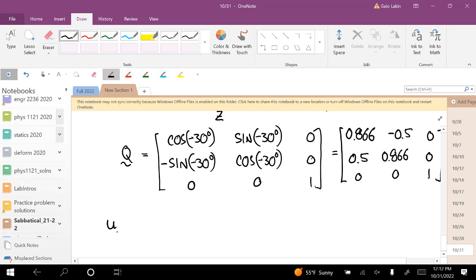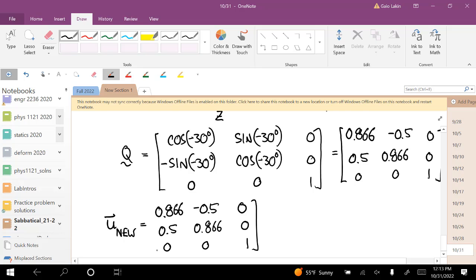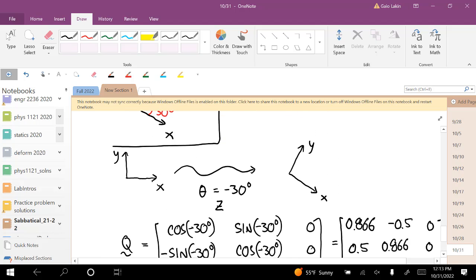So now u, the vector u in the new coordinate system is 0.866, negative 0.5, 0, 0.5, 0.866, 0, 0, 0, 1, multiplied by the vector components in the original coordinate system.